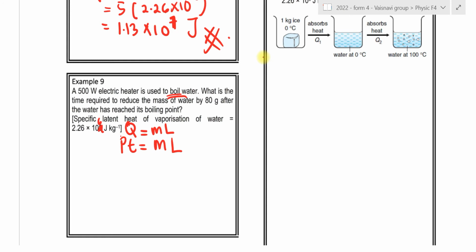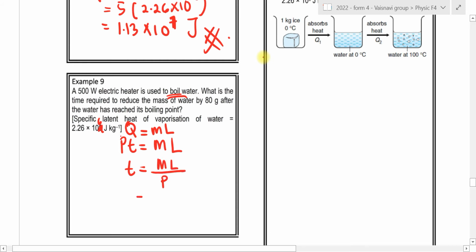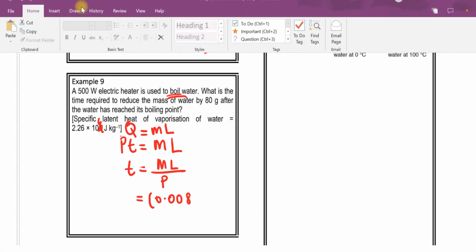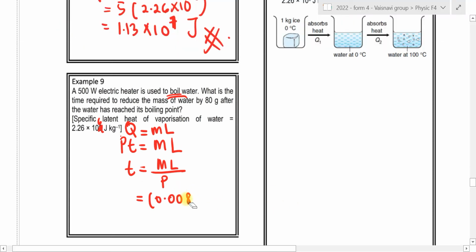And what does it ask? Time, right? So make time the subject. The mass is 80 gram, 0.008? 1, 2, 3, no, I think 0.08 only. Okay, 0.08 only, then it is 80.